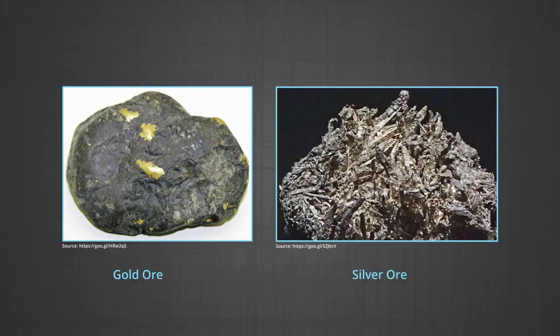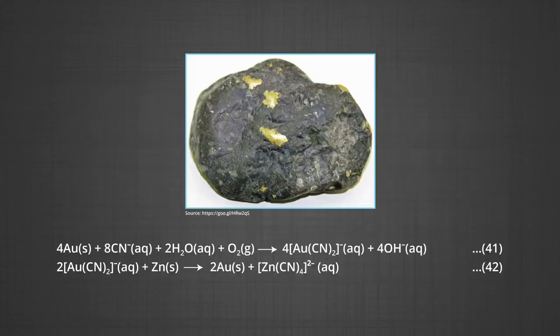As studied earlier, extraction of gold and silver involves leaching the metal with cyanide. This is also an oxidation reaction, as silver gets oxidized to silver ions or gold gets oxidized to gold ions. The metal is later recovered by displacement method, which is a reduction process. In this reaction, zinc acts as a reducing agent.